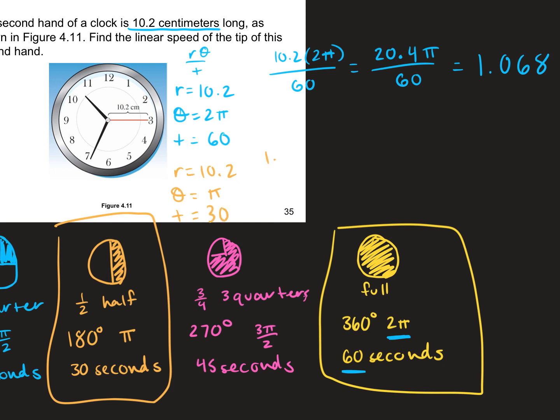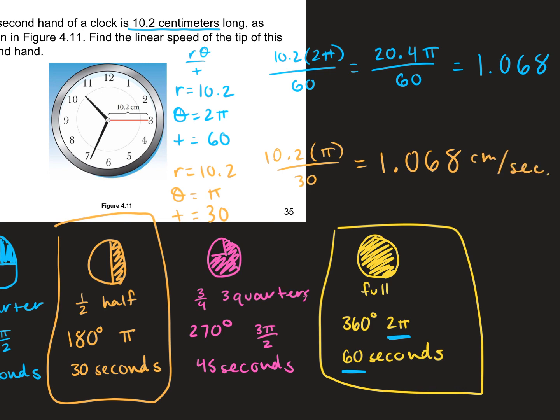So this would be 10.2 times pi over 30. When you put this into the calculator, you end up getting 1.068 again, centimeters per second.